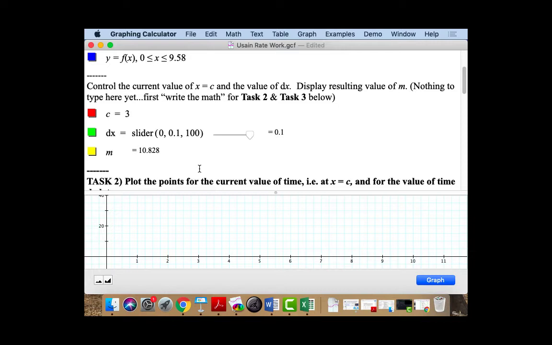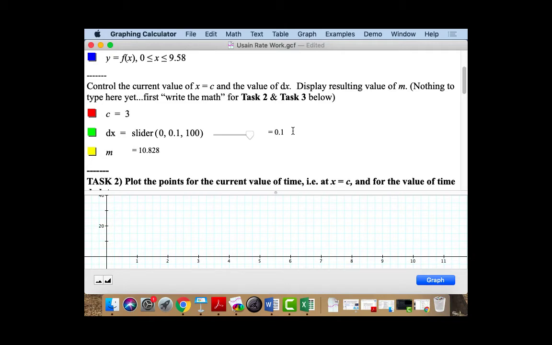So m isn't something that's graphed, so the fact that it's yellow, you're not going to see anything yellow. But 10.828 is what is computed based on this function that models his distance from the starting line, looking at a specific moment around time 3, and specifically the moment I've got mine set to is using 1/10 of a second.